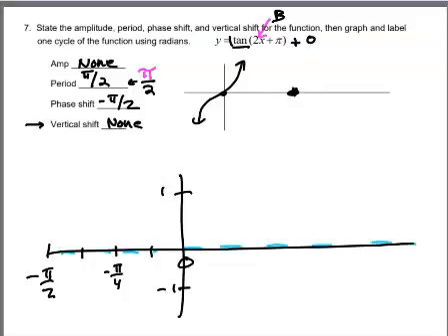Now, instead, it's going to start here and end here, which means what normally happens at 0 is what happens at our new 0. It's going to be a tan graph.